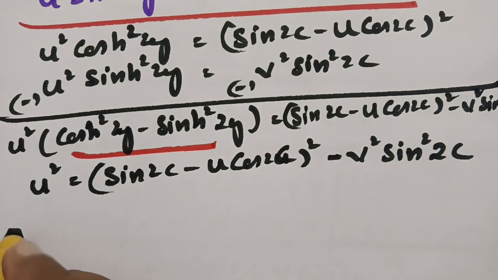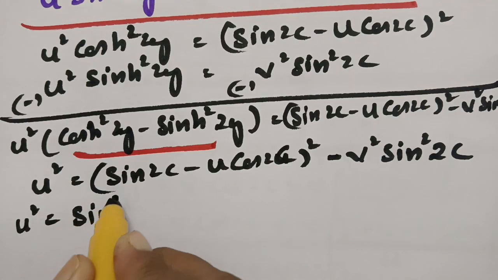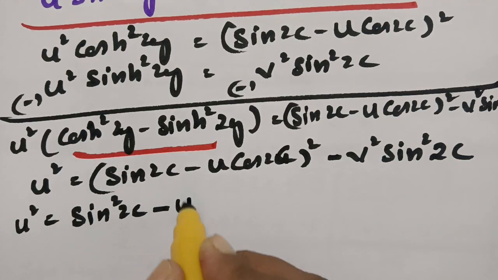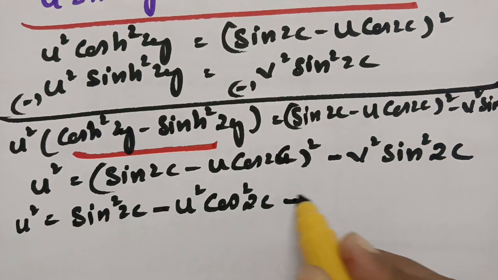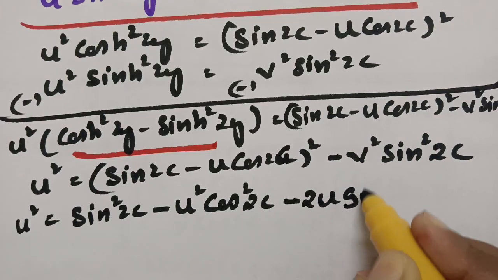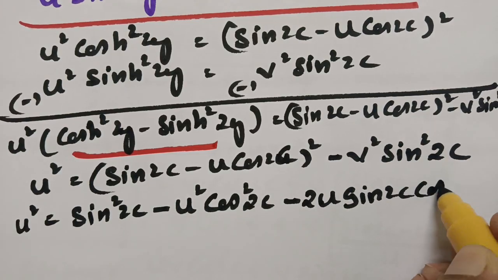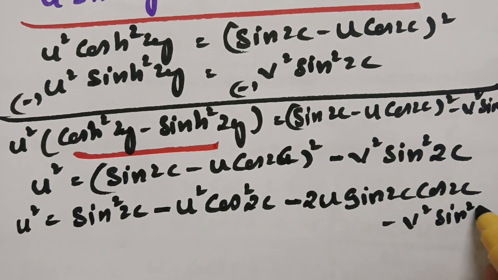So if I expand, this will become 1 is equal to a square sine square 2c minus 2au sine 2c cos 2c plus u square cos square 2c minus v square sine square 2c.